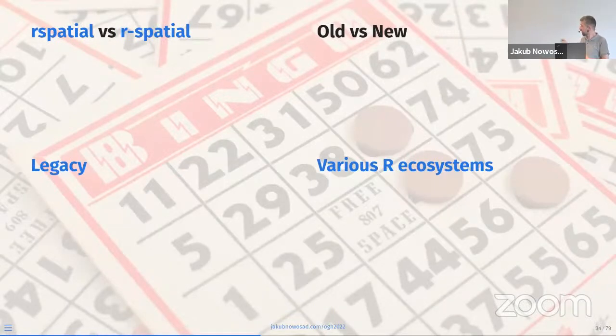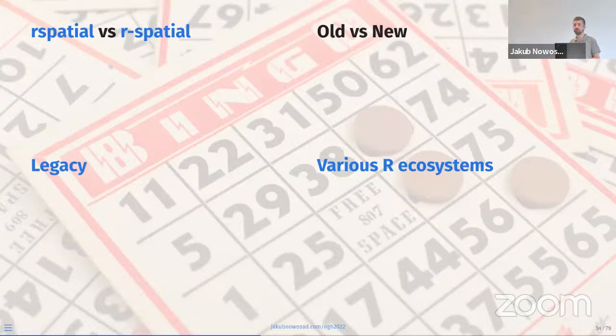So now let's look at the bingo card. That's the card I often think about when I do analysis and when I see other people doing spatial analysis in R, because we need to think about several different concepts, and I'm showing them to you because I think they are useful, especially when you start. So in R, you have R Spatial.